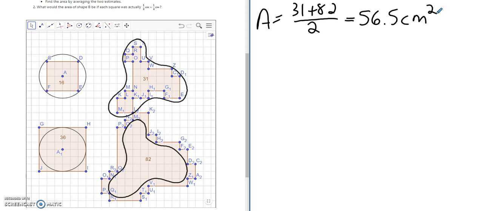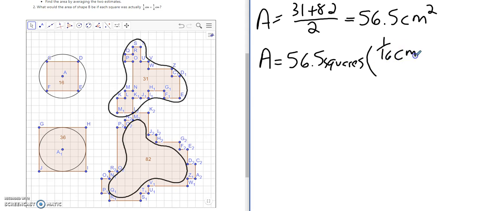Now, the last question there asks, what if the shape had been actually 1/4 by 1/4 centimeter blocks? Again, that means that I have an average of 56.5 squares, and I know that each square, because it's 1/4 by 1/4, that's 1/16, and then centimeter by centimeter gives me that centimeter squared, that I have 1/16 square centimeters for every square in the grid.